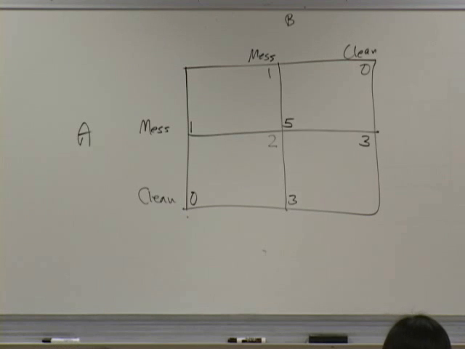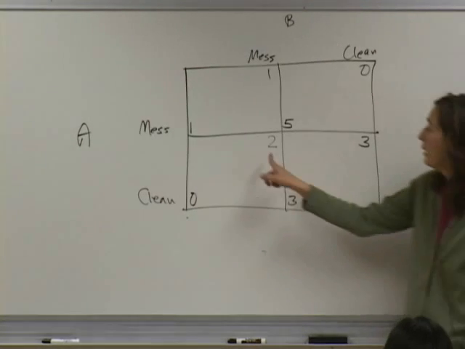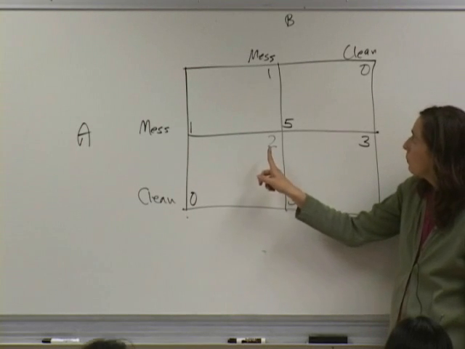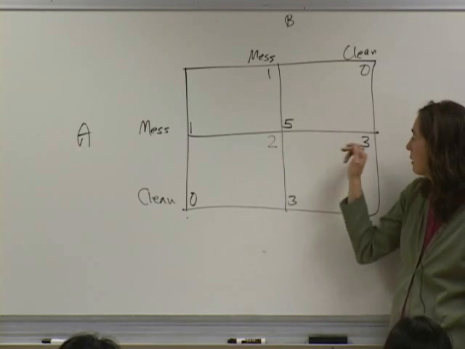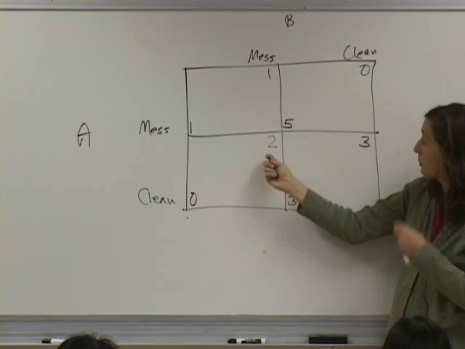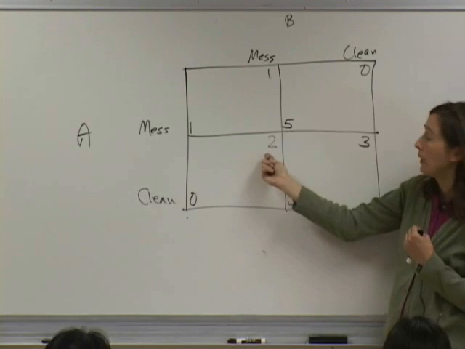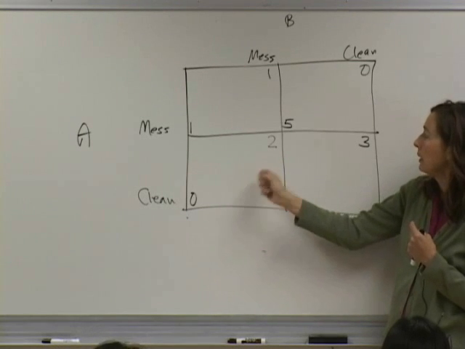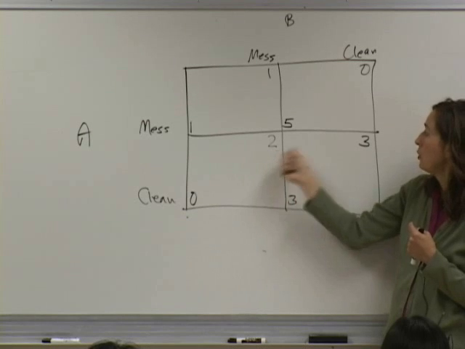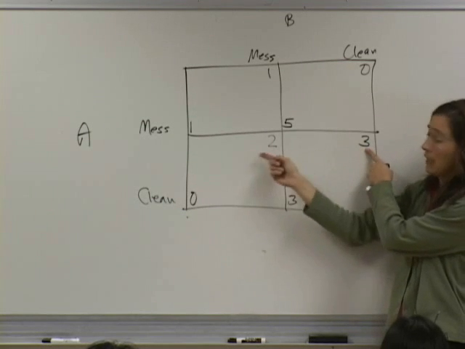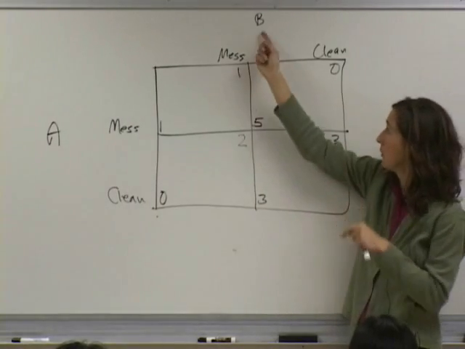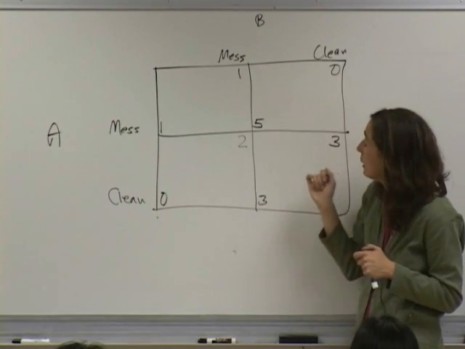We have the column player with a payoff here that is lower than this one. What this means is, from the column player's point of view, if her roommate cleans up, she prefers to have cleaned up too. So she gets a higher payoff in this row from cleaning up than she does from leaving a mess. So this is B with a conscience here.